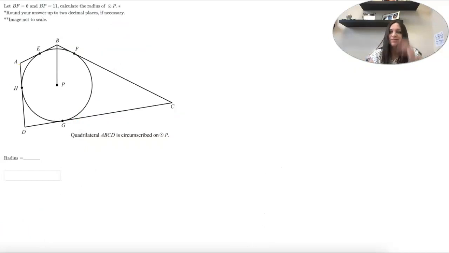This one looks different. Good. Let BF equal 6 and BP equal 11. Calculate the radius of P. Okay, so BP is not the radius. It goes past the circle. But I can make a triangle here. So this goes from the center to the edge of the circle. That's called the radius.